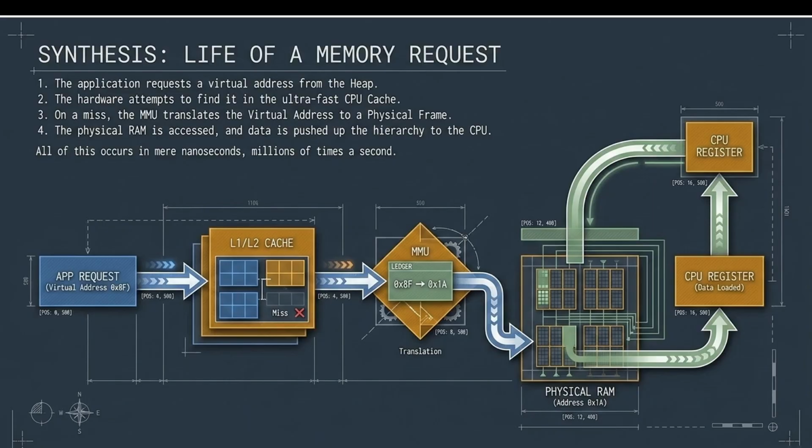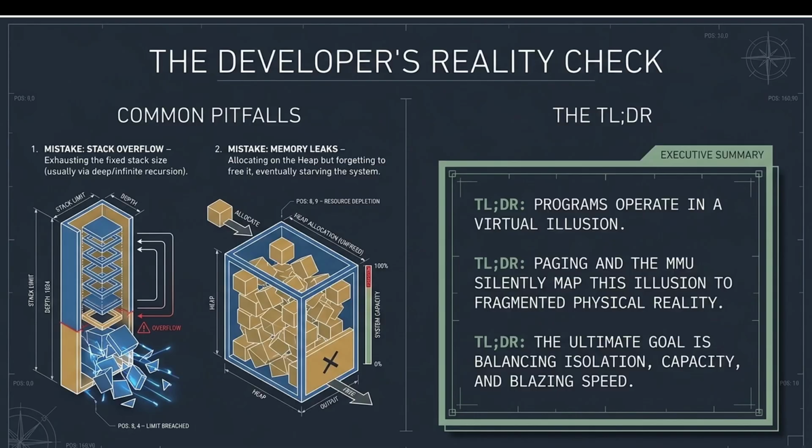Then it will be loaded to the CPU register, and the central processing unit will do the process. So this is what actually happens in the life of a memory request.